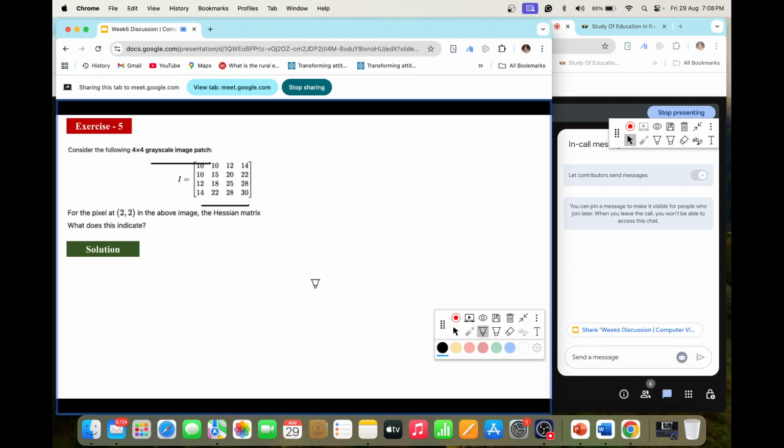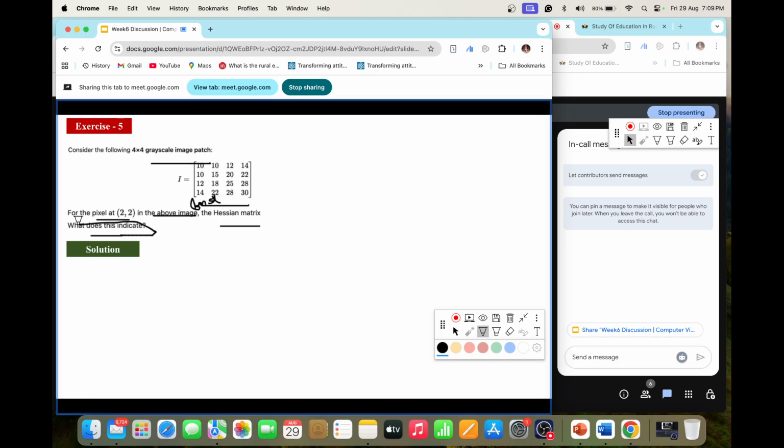So this is for the pixel (2,2) in the above image: find the Hessian matrix, and what does that denote? It is very easy. Then again we will do the same process, that is, find the eigenvalues of it, and then we can say whether it is a corner or flat region, etc.